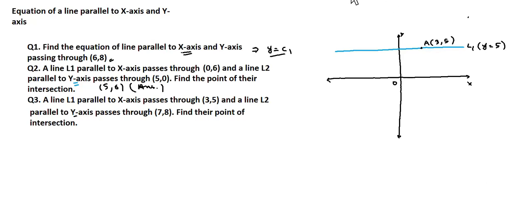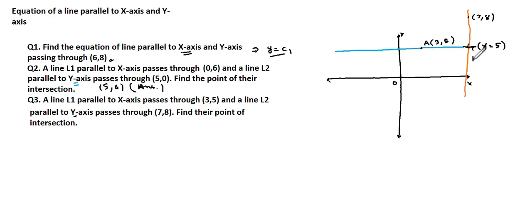So let me draw it in orange. I'm drawing in orange color right here, and this is our point 7, 8, right? So now I will just extend it. So now this is our point of intersection.